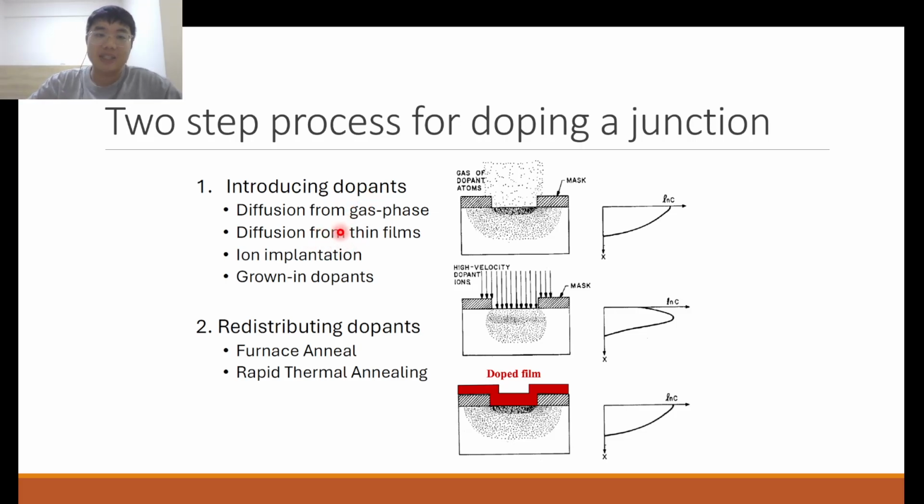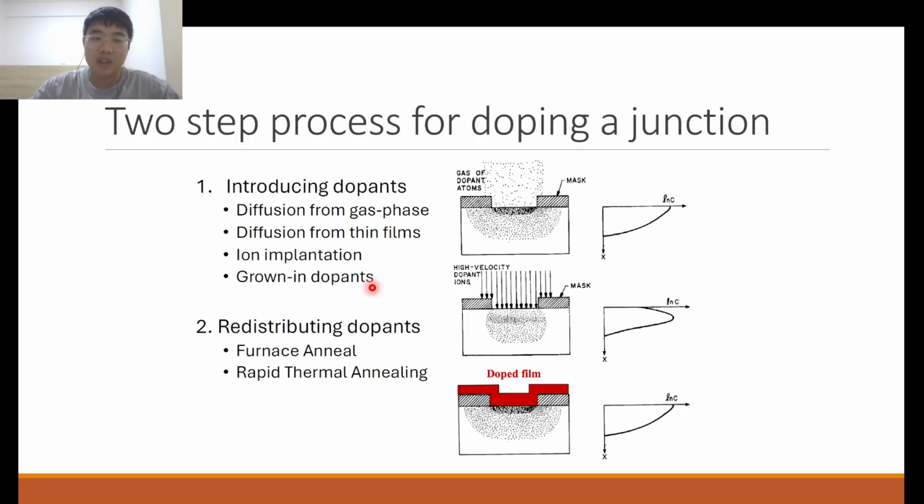These two methods are generally called diffusion methods. The third way, which is actually more common nowadays, is ion implantation. It's the second picture over here. It involves accelerating high velocity dopant ions that penetrate and implant themselves into the silicon material itself.